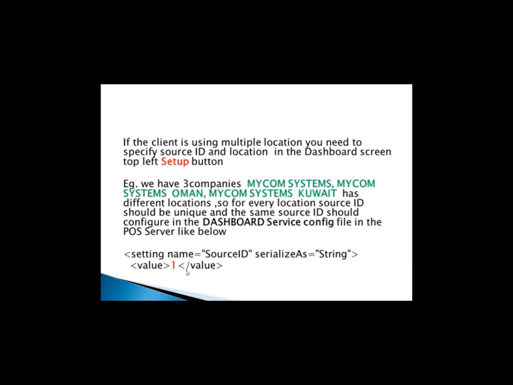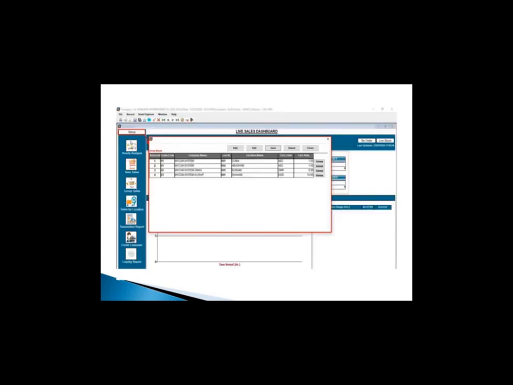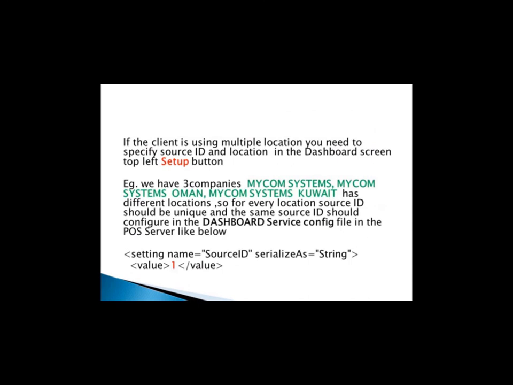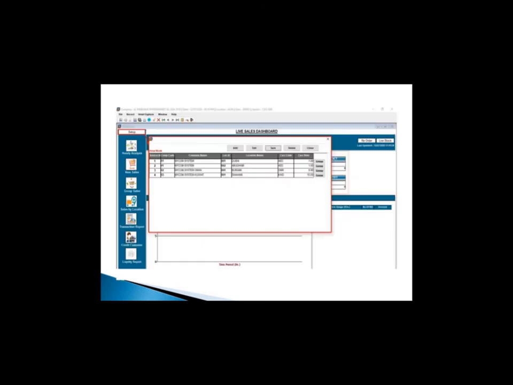Here in the source ID, if the company is configuring 4001 location, that should be given as 1, same like here. And if the company is configuring 4002 location, the source ID should be 2. That you always keep in your mind. In the dashboard service, you should configure a different source ID if the company is having different locations.